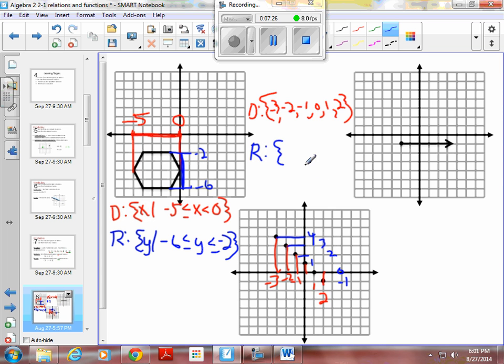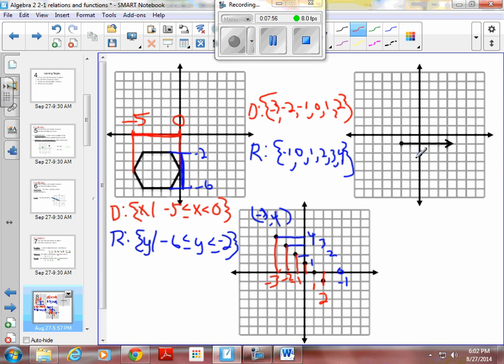So I am going to list lowest to biggest, so it's negative 1, 0, 1, 2, 3, and 4. Okay, so the range is what the y can be, and you can just follow across the y coordinate. And if you look at this point right here, its x coordinate is negative 3, and its y coordinate is 4. And so you should find negative 3 is up here, and 4 is down here.